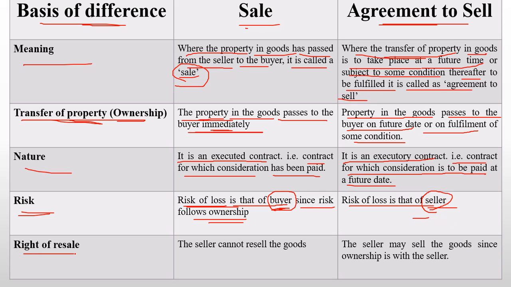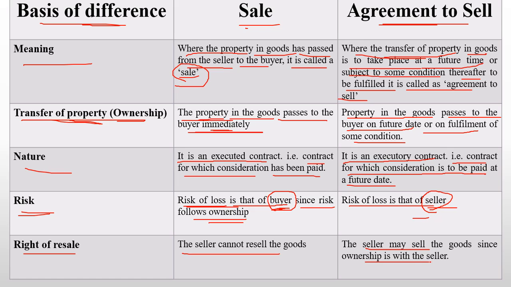Now the rights of resale. In sale, the seller cannot resell the goods, because the seller immediately gives the goods to the buyer and transfers the ownership to the buyer. So the seller has no right to resell the goods to another person. But in agreement to sell, the seller may resell the goods, since the ownership is with the seller only.